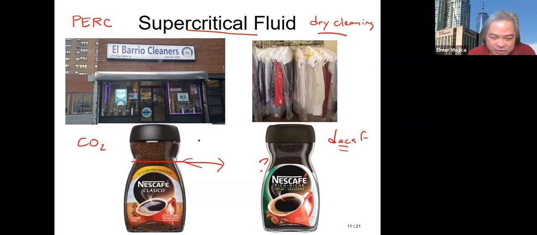You have your coffee granules, and then the CO2 goes there, applying 31 degrees Celsius and 73 atmospheres. It's going to dissolve, extract, or remove all the caffeine. So that's what a supercritical fluid does.